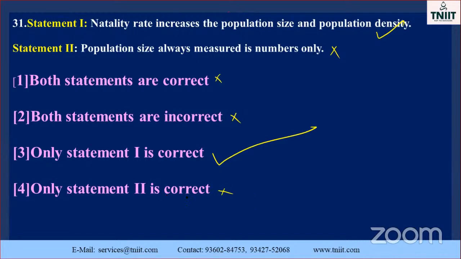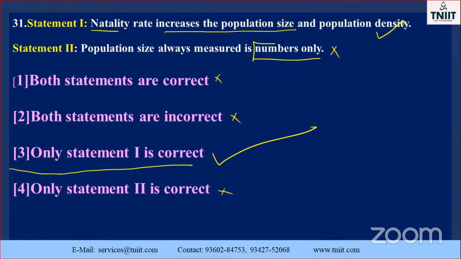Only statement 2 is correct? 2 is wrong. So this also comes. This answer also does not come under our guessing. So this is the correct option. Read the question. Natality is also related to the increasing of population size. Correct, and density also. Population size is always measured in numbers only?